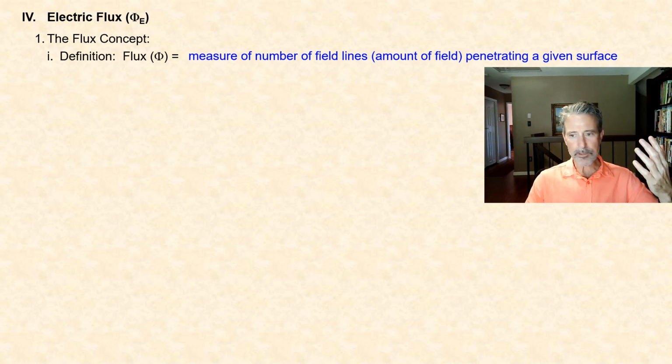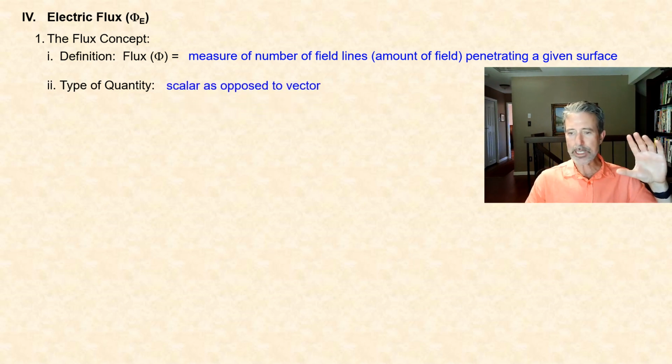So when we talk about the flux of a field, we're talking about a field that is penetrating some type of surface. And how much field penetrates that surface is a measure of the flux of the field. Because flux measures a number of field lines or the amount of something, it should make sense that it's a scalar as opposed to a vector quantity.